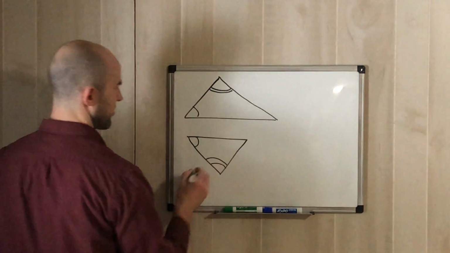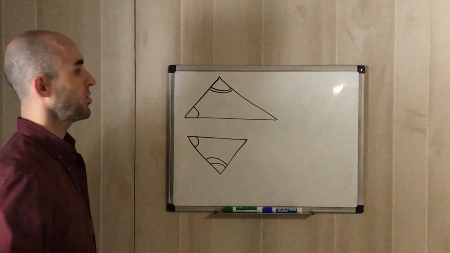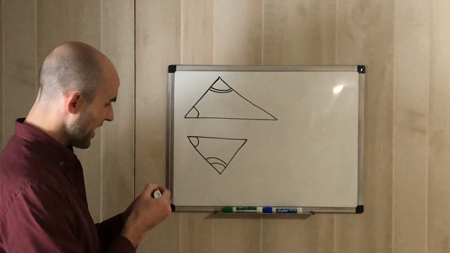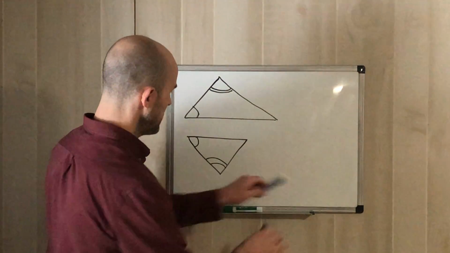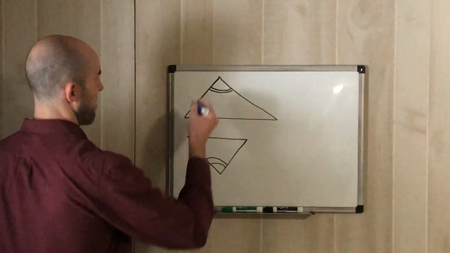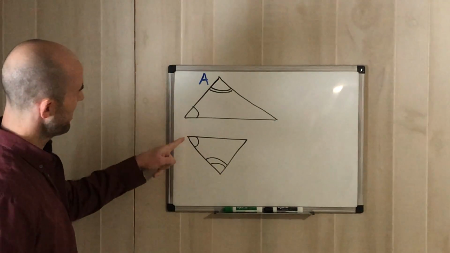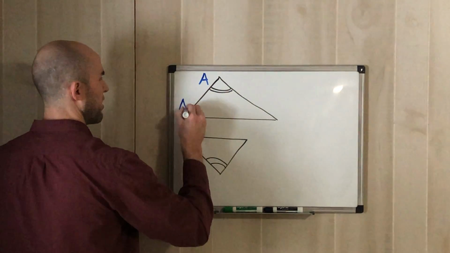So if we look at this, again, I want to know if these are similar by AA, SSS, SAS, or not similar. So just looking at the parts that we have, we see this has 2 curves, that has 2 curves, so that represents a pair of angles. That has 1, that has 1, so that represents a pair of angles.